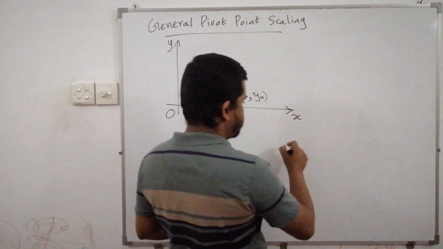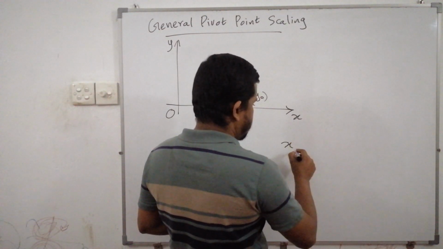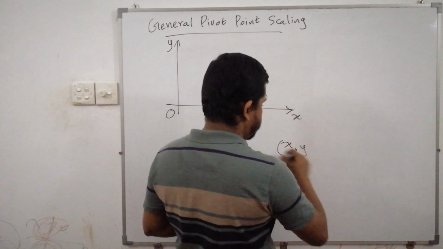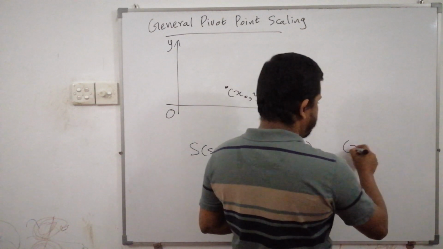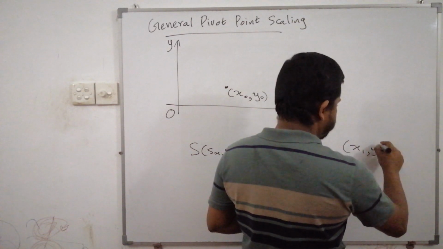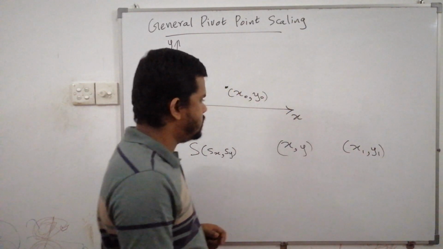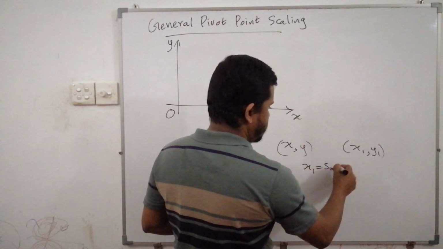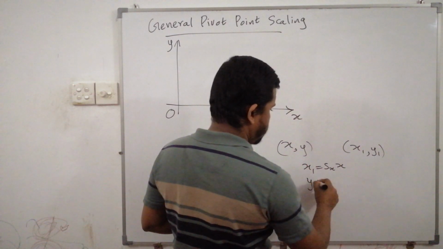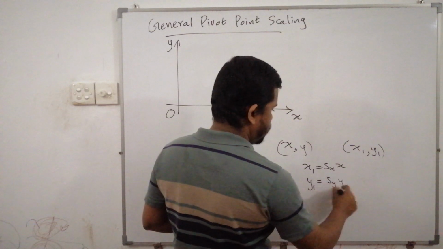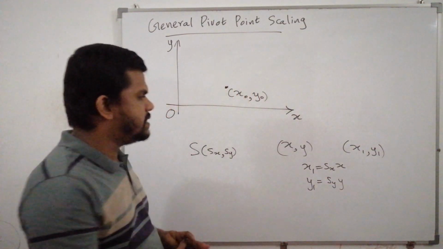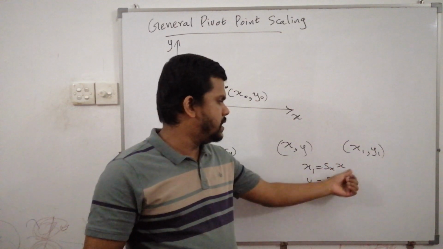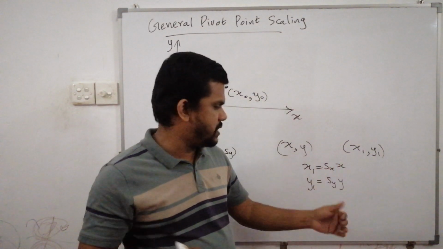So if this point is scaled to this one, actually what happened? So x1 was sx into x, y1 was sy into y. This is scaling. Actually, here we use the distance to the origin.